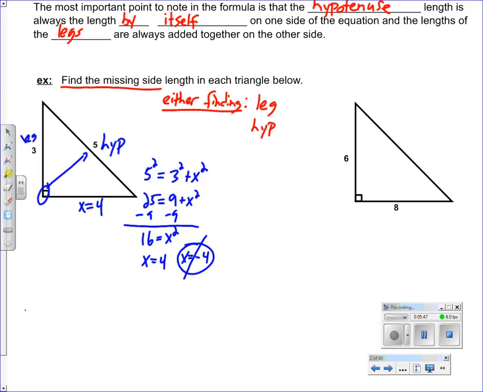So for the triangle on the right, we have the 8 and the 6. These are both legs. And our missing side is across from the right angle, so this is the hypotenuse, our missing side x. So we set up our formula, and we have to make sure x is by itself on one side of the equation. So x squared is the hypotenuse, on its own, and the legs go on the other side. It doesn't matter what order, we can say 6 squared plus 8 squared, or 8 squared plus 6 squared.